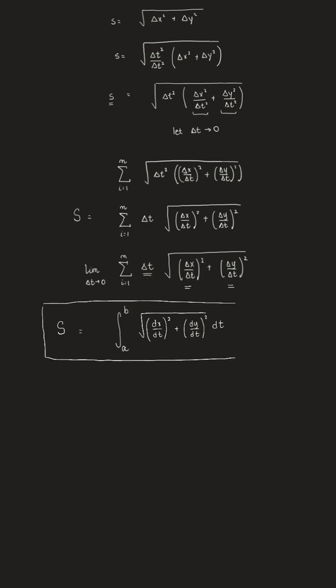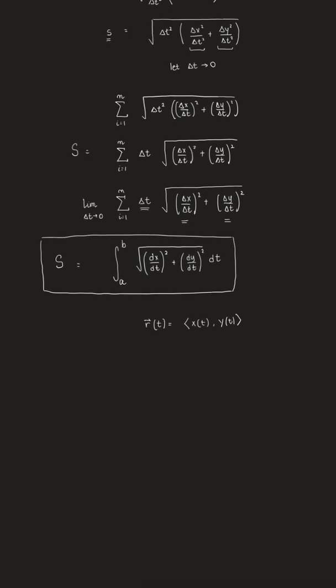Now, one thing to note here is we've got derivatives inside. Recall that our parametrized curve is x of t, y of t. And this looks a little bit like the derivative of our curve.